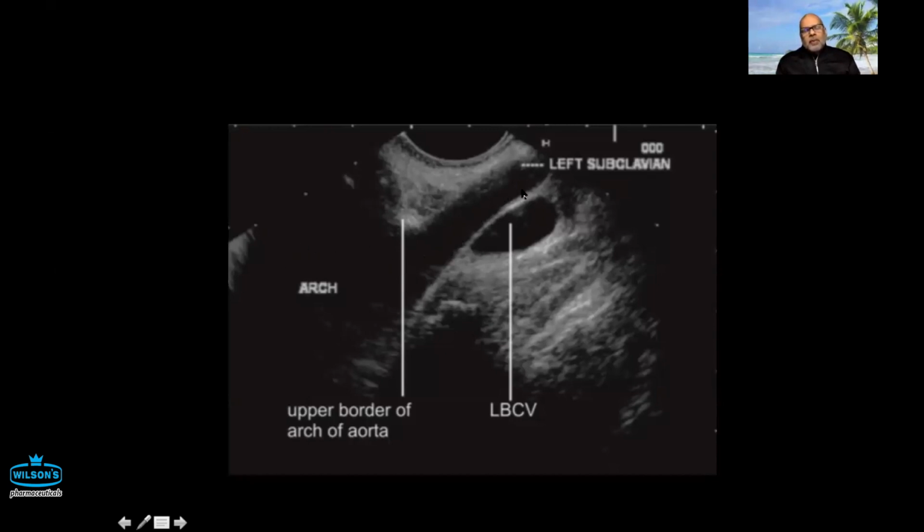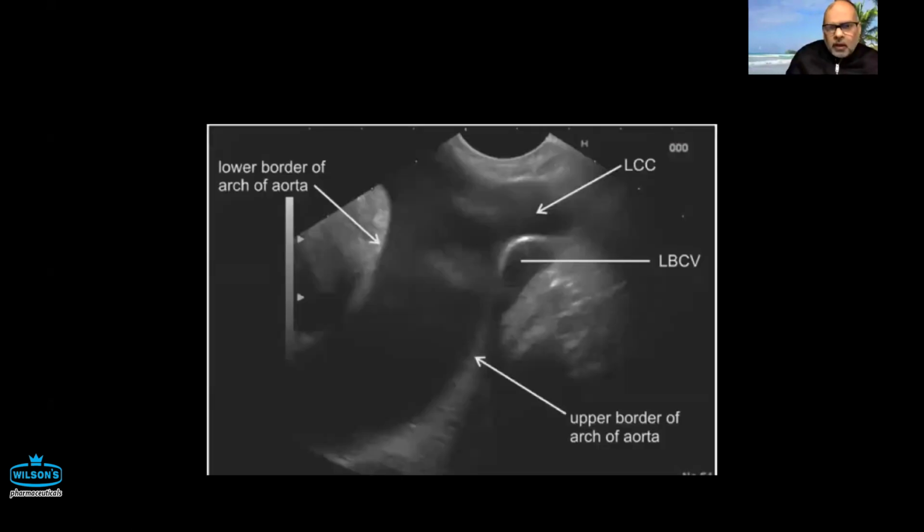Now, if you rotate the scope clockwise, it's going to move from left to right of the patient. Then you will see, let's say, subclavian first, then the common carotid, and in certain cases you might see the innominate. Now this is the left common carotid, as you can see, and the scope has now been rotated clockwise further, so that is why you're able to see the left common carotid.